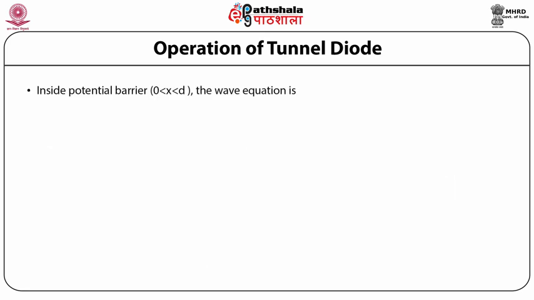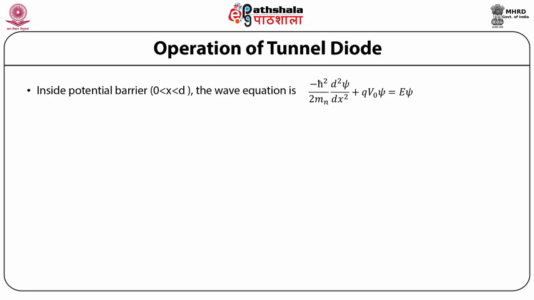Inside the potential barrier, that is when x is ranging from 0 to d, the wave equation is minus ħ square by 2mn d square psi by dx square plus qV0 psi equal to E psi.